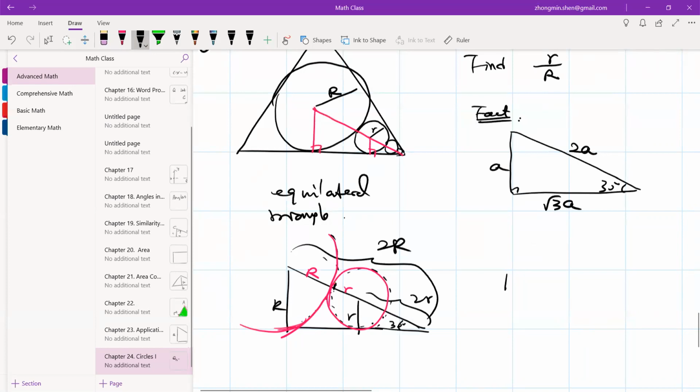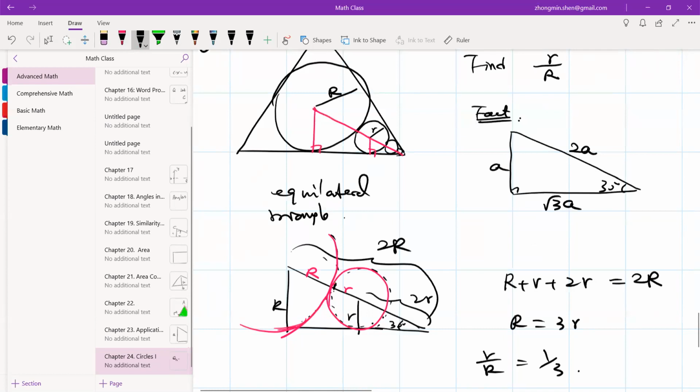Calculate the length of this side of the triangle: R plus little r plus 2 capital R. Then that'll be 3R. Okay, and r over capital R is going to be 1/3. That's it. You don't need the Pythagorean theorem.